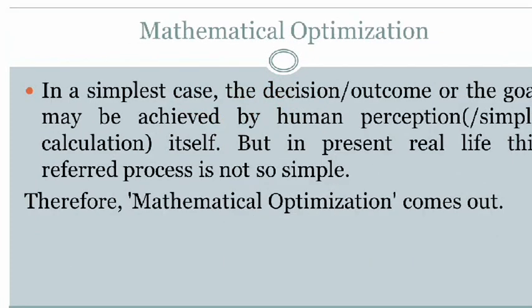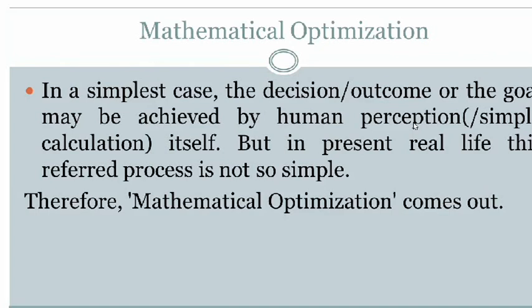Now, mathematical optimization. Why mathematical optimization? Because in the simplest case, the decision or outcome or goal may be achieved by human perception or some simple calculations itself.